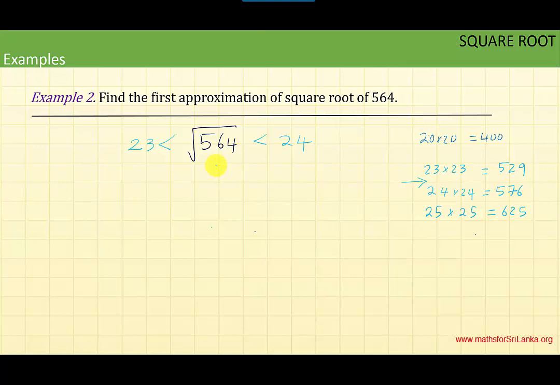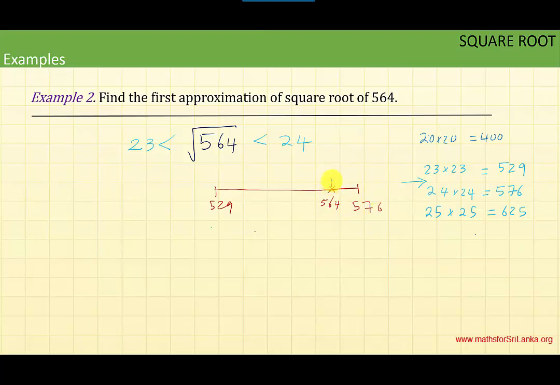So we need to do the same thing as earlier. So we have here 529 and 576, and our number 564. Now you can see 564 is close to 576.